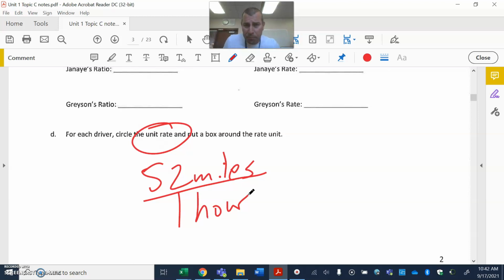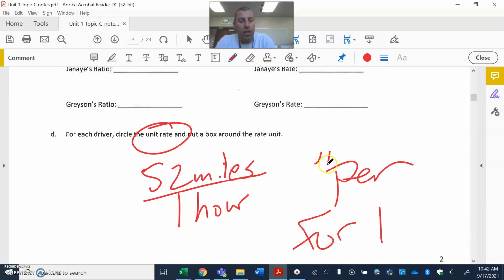Vocabulary-wise, it gets a little bit more specific. We see this on the road: your speed limits are listed as unit rates, in miles per hour. And I would put that comment down here: per. Per does mean for 1, so that's something we want to get used to.